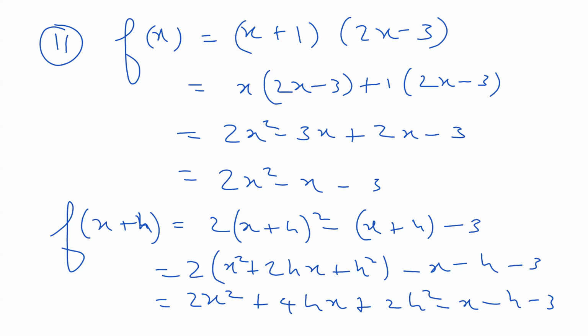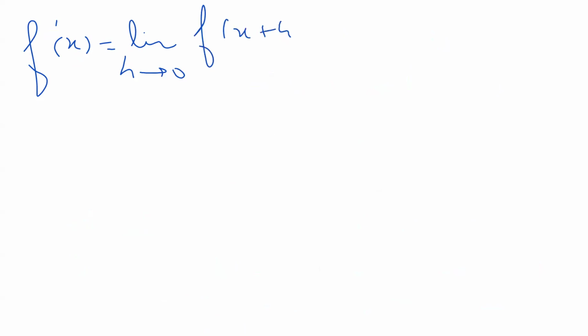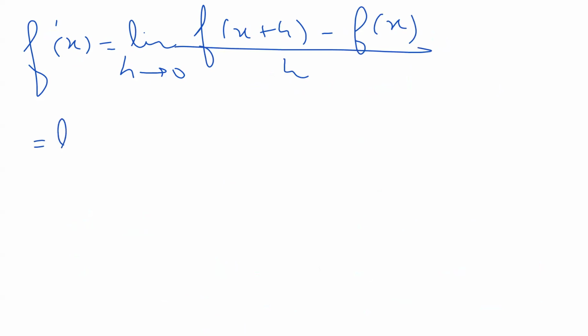Yeah. So now using first principle, f dash x is equal to limit h approaching 0 f of x plus h minus f of x upon h. Limit h approaching 0. Okay.